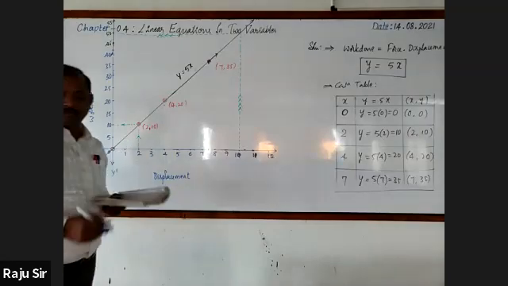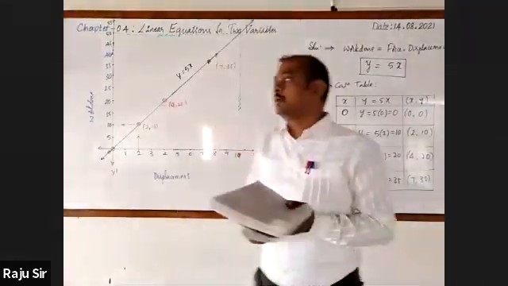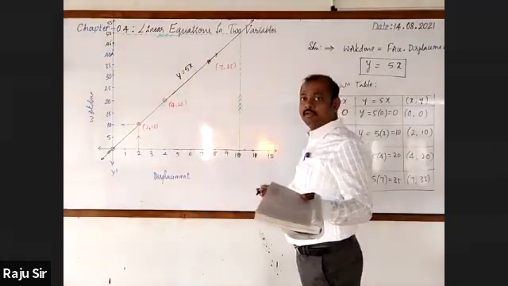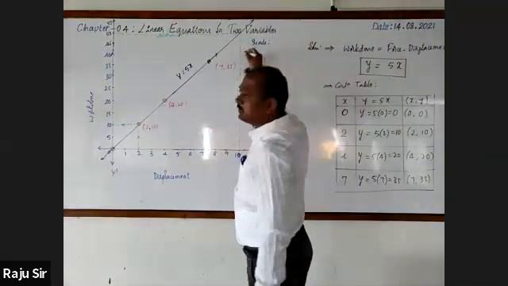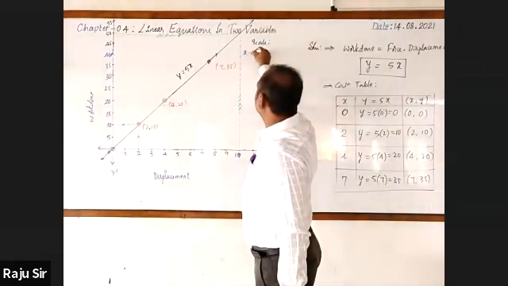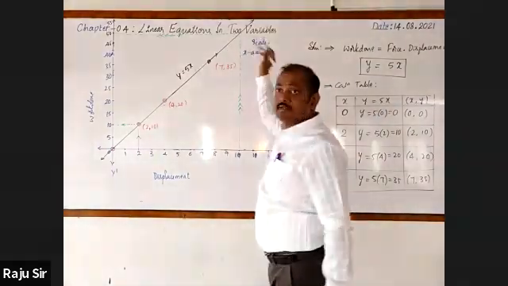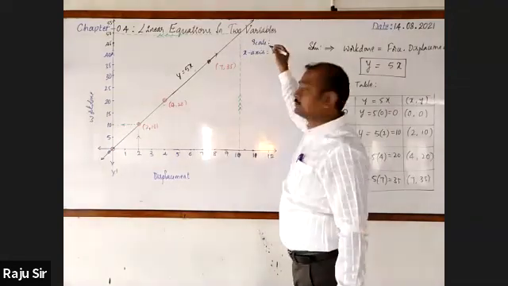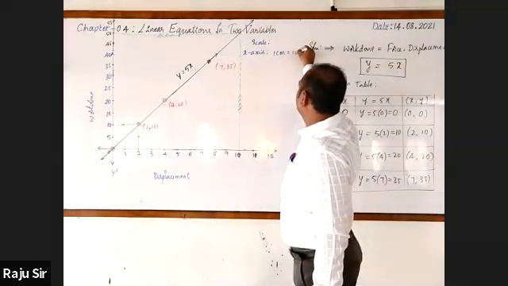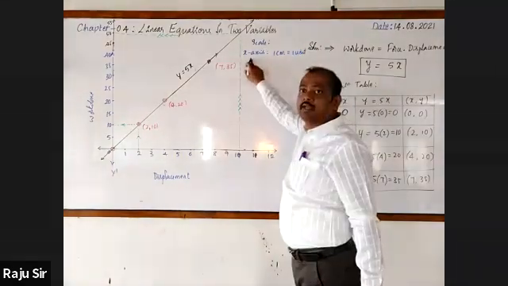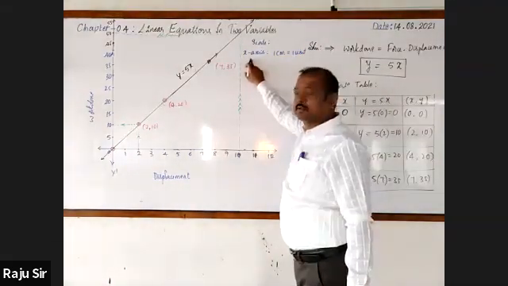Sir, scale. Oh, we have taken, no? I have written. Okay, x-axis. Yes, what is the scale? 1 centimeter equal to 1 unit. What has been taken in x-axis? 1 centimeter.